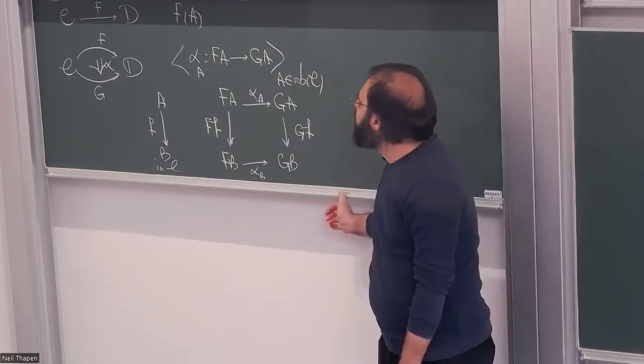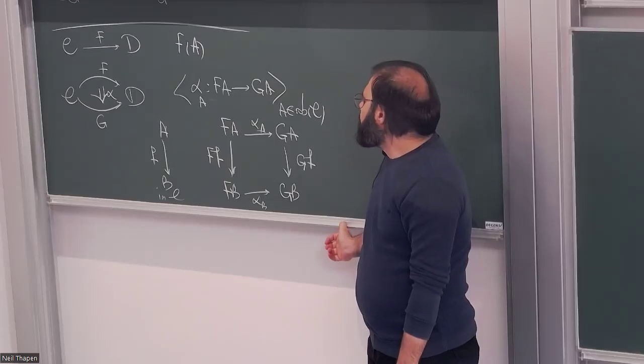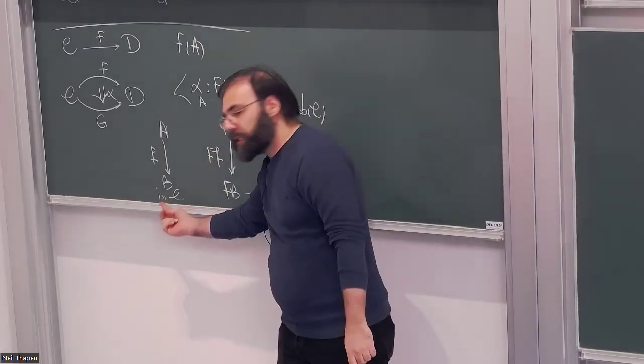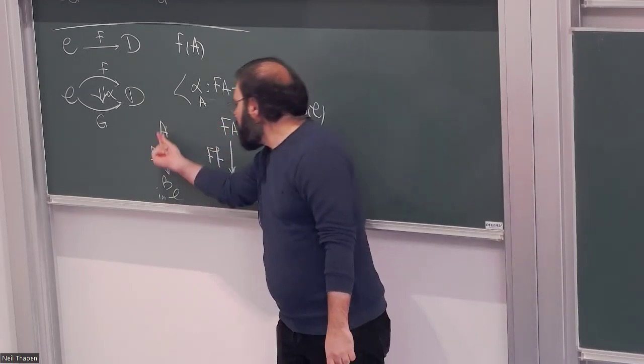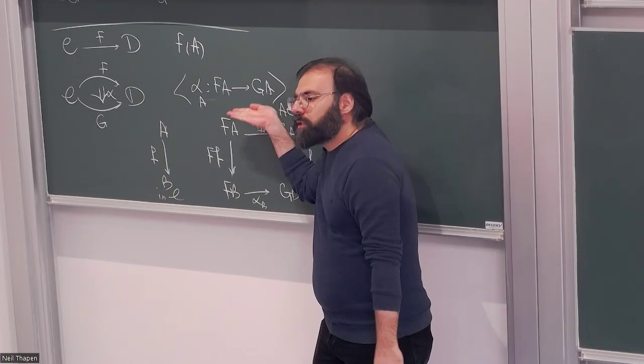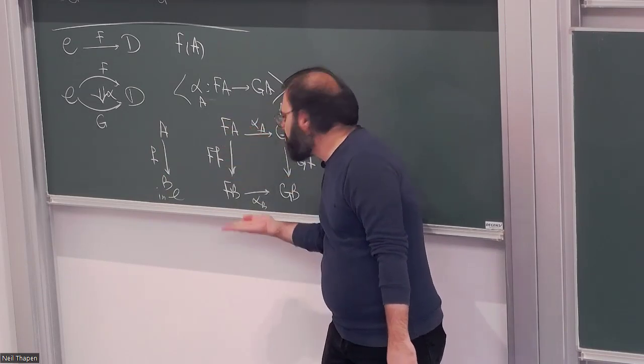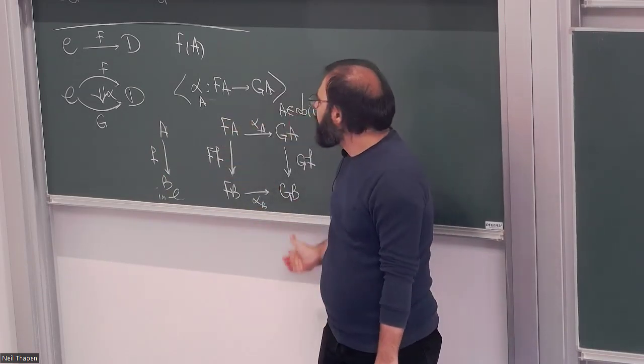The interpretation is that if you go from A to B, at each point A you can transform F to G, and you can smoothly transform this to that, right?